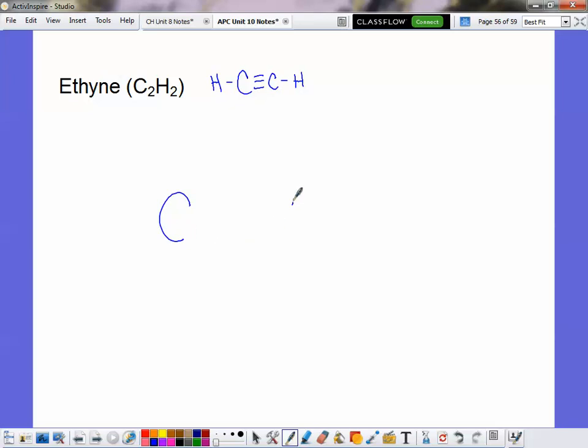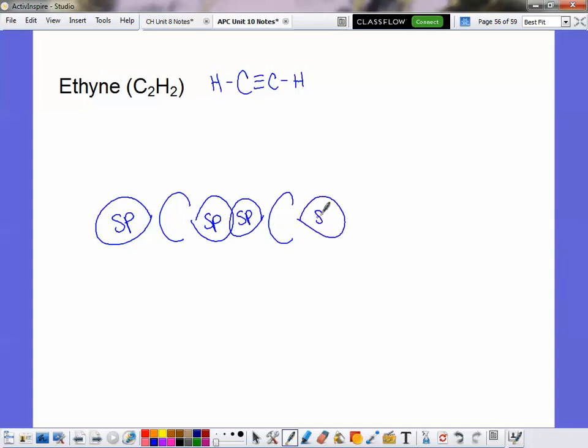So carbon and carbon. sp hybridized means we're going to have 180 degrees between my 2 sp orbitals. We've got my hydrogens attached to that. Head-to-head overlap with my s orbital from my hydrogen.